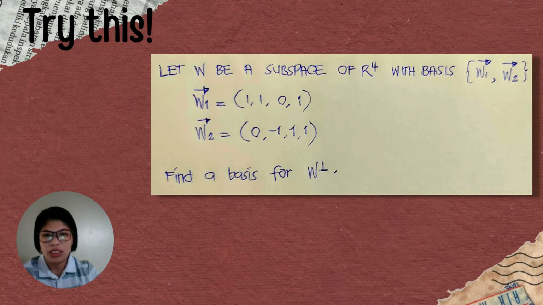In the given, W1 vector is equal to 1, 1, 0, 1. And W2 vector is equal to 0, negative 1, 1, 1. We now find the basis for W perp. I'm going to give you 1 minute to answer the question.